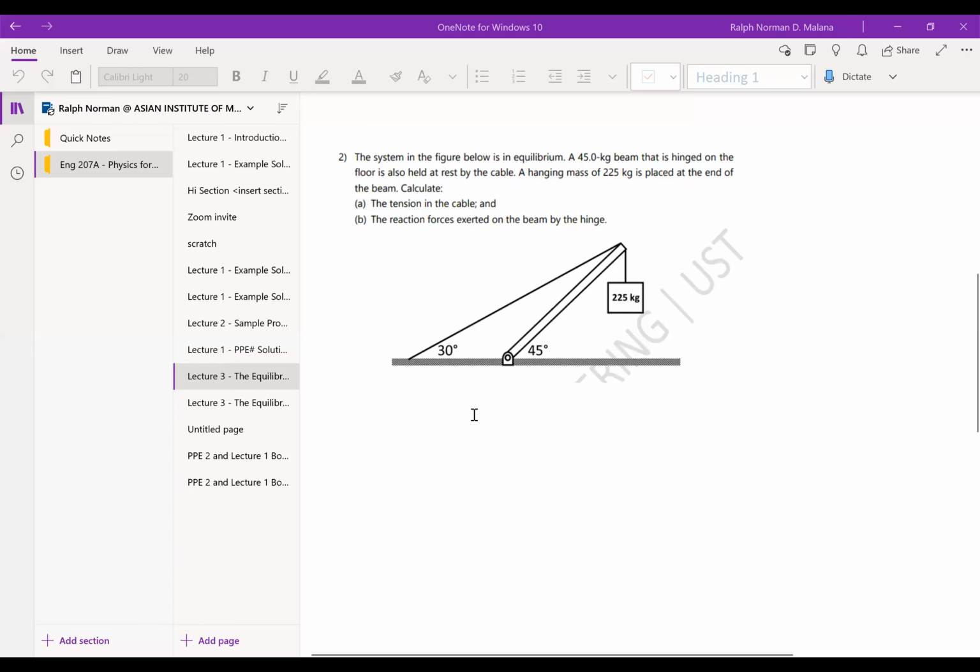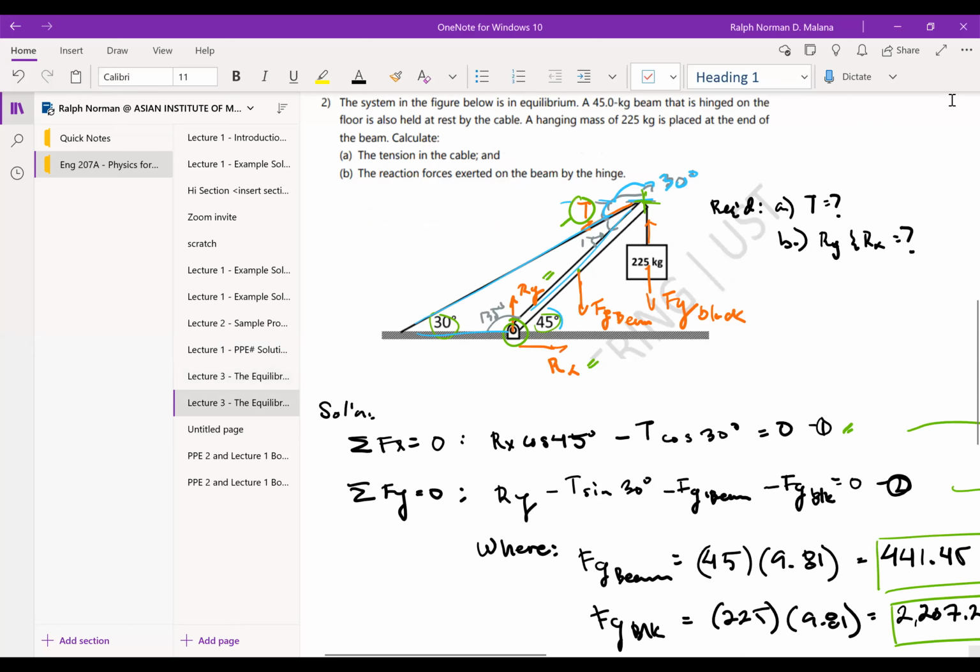So, kind of be able to solve it in 5 minutes. Sige.